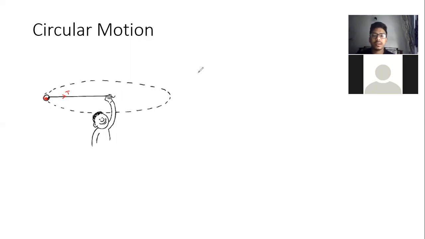And we can write using Newton's second law, Fc, let's say centripetal force, equals the mass of this object times centripetal acceleration.